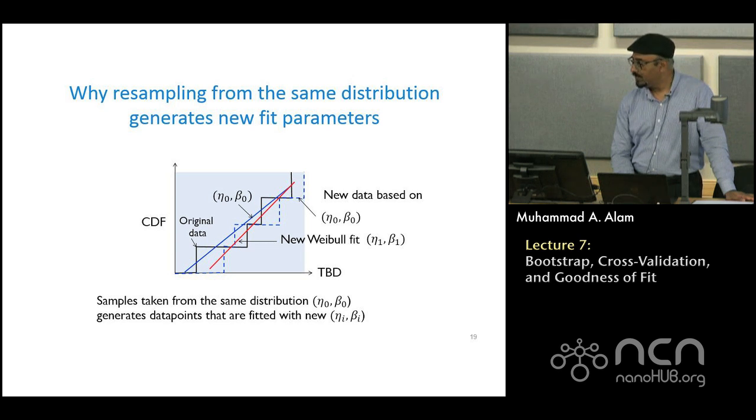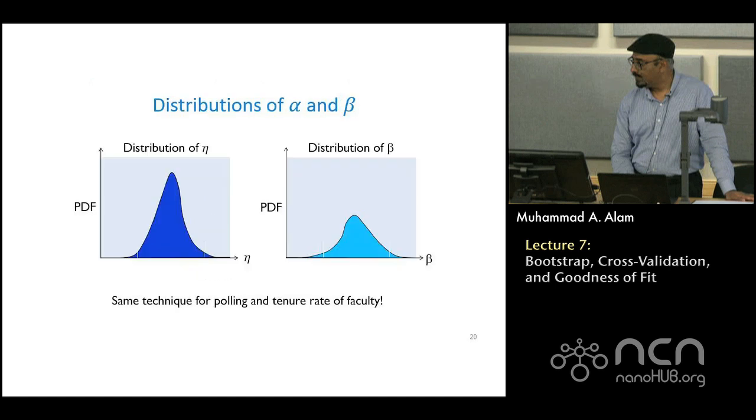And very soon what you are going to get is a distribution of etas. What is the range of eta that can fit the data, and what is the range of beta that could fit the data. So this one, for example, is eta naught, and this one is beta naught. But you have all the uncertainties associated with it.